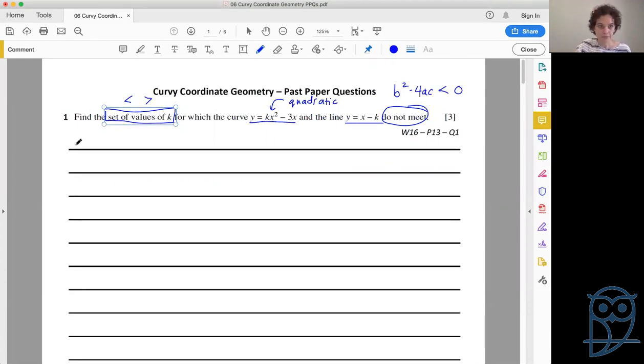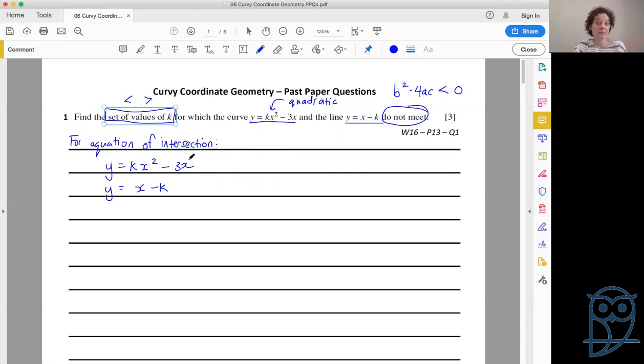So we need to do the intersection. For the equation of intersection, we would then have, I like to write them down, so you're going to have to just deal with it.